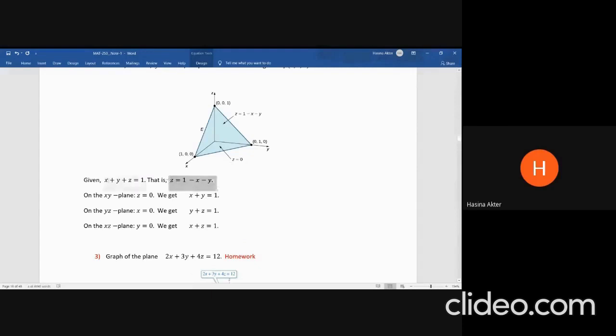If you decide to take x as the output, since a plane is a linear function of all the variables, any variable can be considered as the output and the others as inputs. So if you want to take x as the output, then solve for x, and you get x equals 1 minus y minus z. But that doesn't change the plane, because the plane is coming from the same equation.